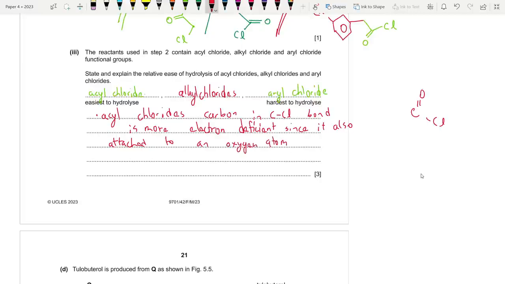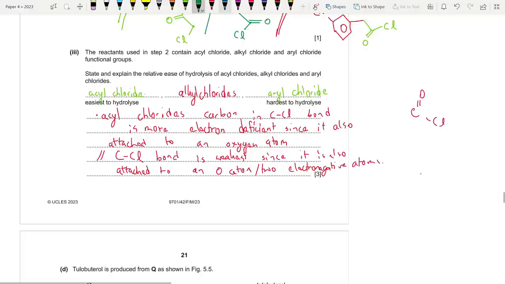As a result, there is a very high positive inductive effect. Or you could word this as the C-Cl bond is weakest, or weakened the most, since it is also attached to an oxygen atom, or two electronegative atoms. Fine. That's marking point number 1.